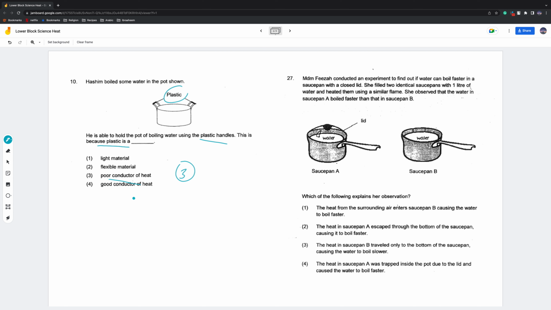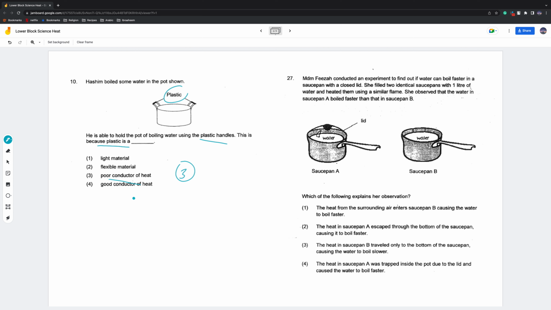So again, poor conductors are objects or materials that gain and lose heat slowly, while good conductors are the opposite. They are the materials that gain and lose heat quickly. So you must understand gain and lose heat for both.